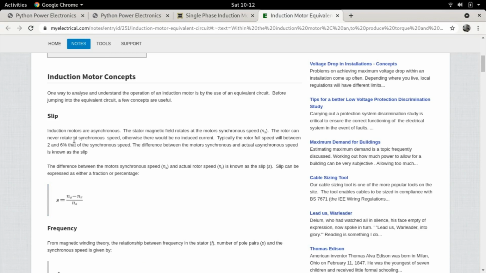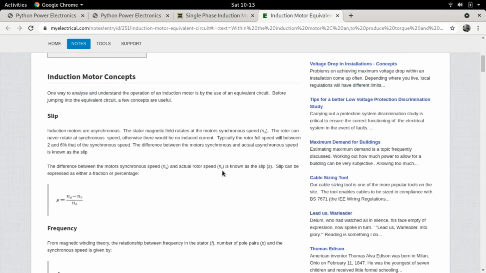Because it's like a frame of reference. If you are looking at the frame of reference of the stator, of the flux rather, then the rotor is moving slightly slower than the stator flux, and the difference is the slip speed. It is this frequency which eventually is induced in the rotor, right?